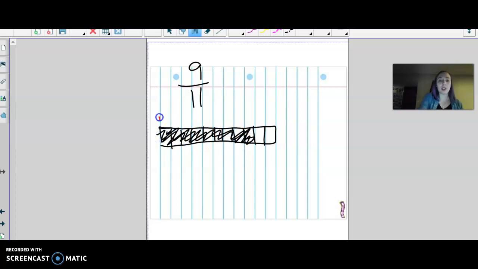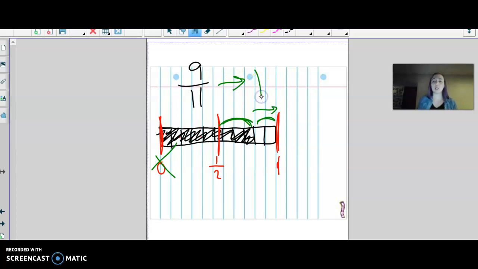And then I can say, okay, here's where 0 is. Here's the whole thing. Halfway, well, I figured out it was 5. I could always count into the middle, or I could say, okay, I think that's halfway. So then I could say, okay, how far away am I? Well, I'm definitely past halfway, right? So it's not going to be 0. Which one is it closer to? Ah, it's closer to 1. So I would say the benchmark that it's closest to is 1.